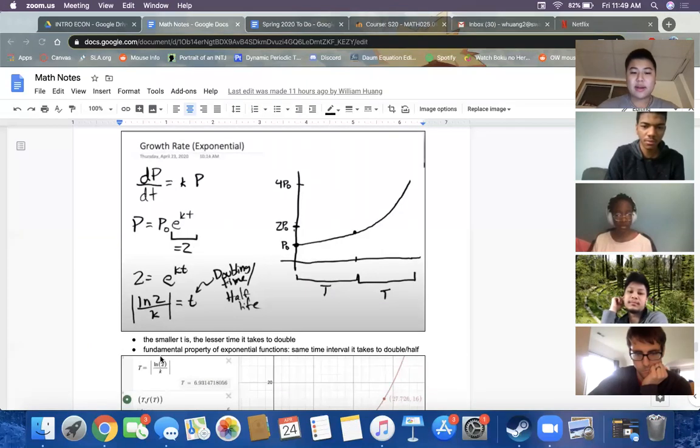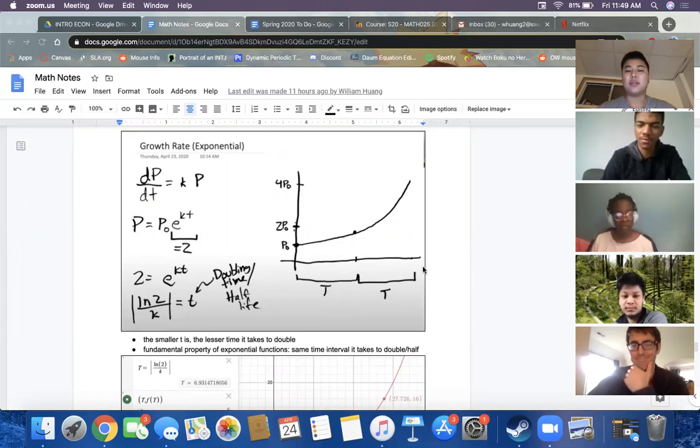This is something we found out from our example problem last time, which is a fundamental property of exponential functions. The amount of time it takes for the quantity to double or halve one time is going to be the exact same amount of time for it to double consecutive subsequent times.